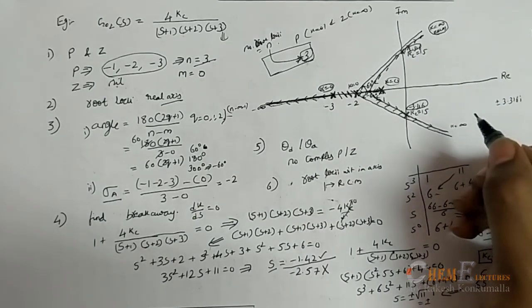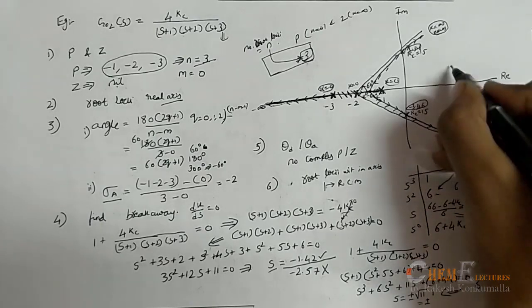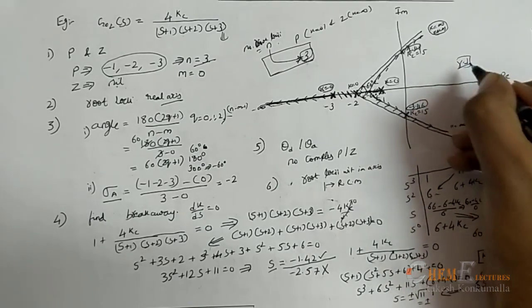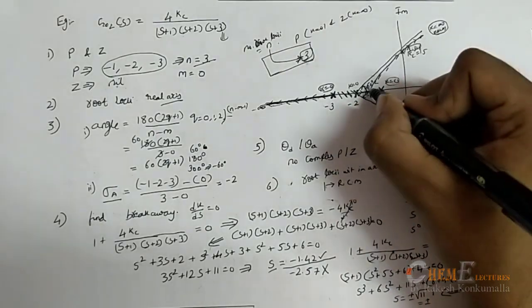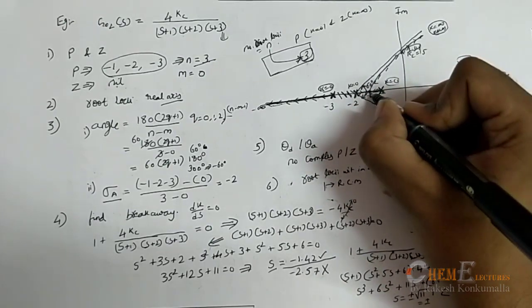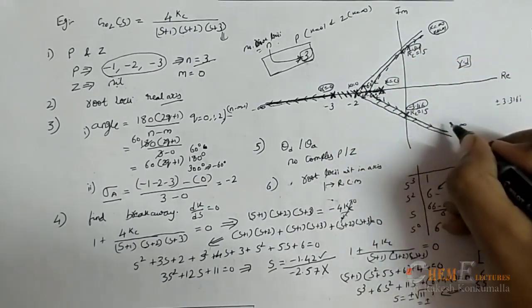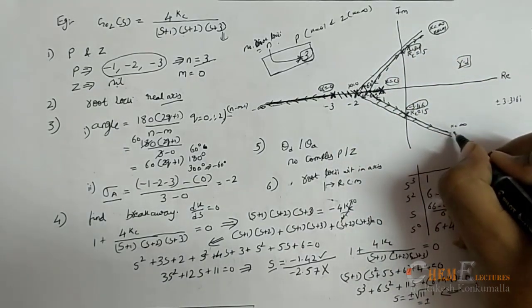In this way you can complete the curve. I have just taken a rough diagram here. You can draw it on graph by taking the angle of asymptote at first from the centroid, then from the breakaway point you will get the actual curve tending towards the asymptote at infinity.